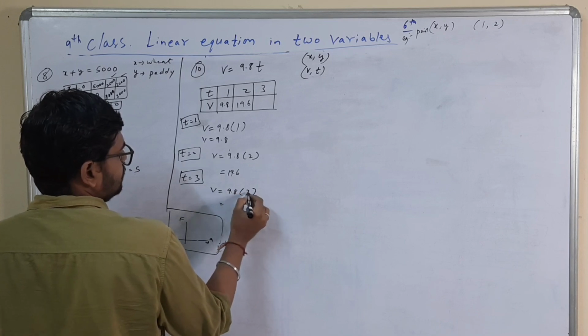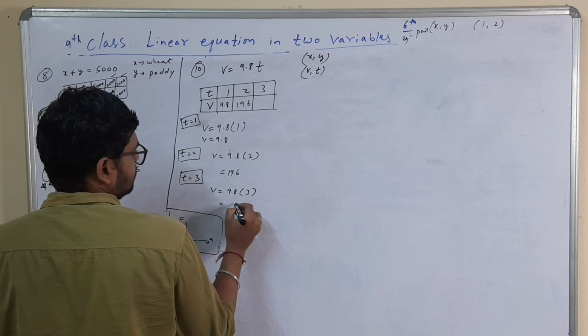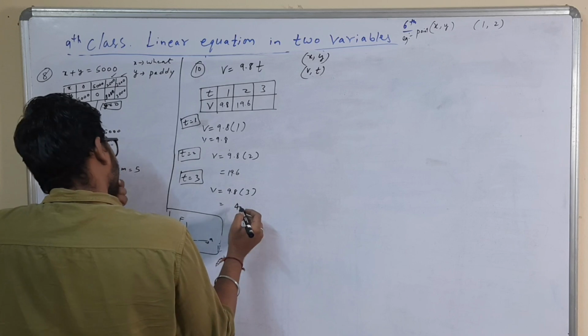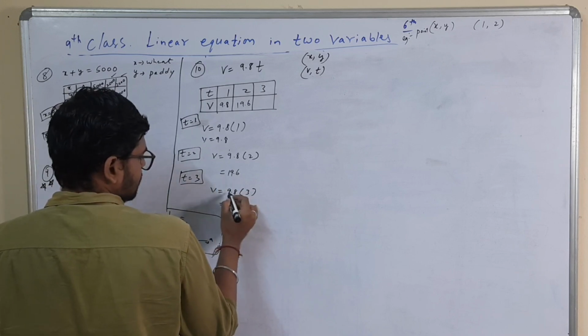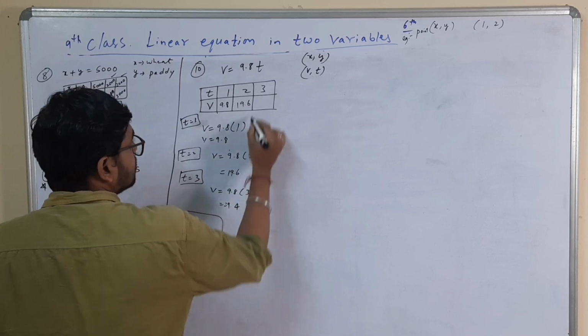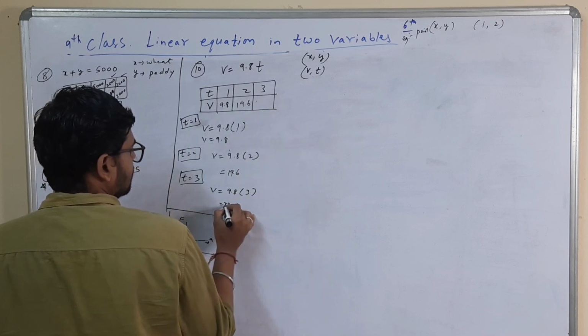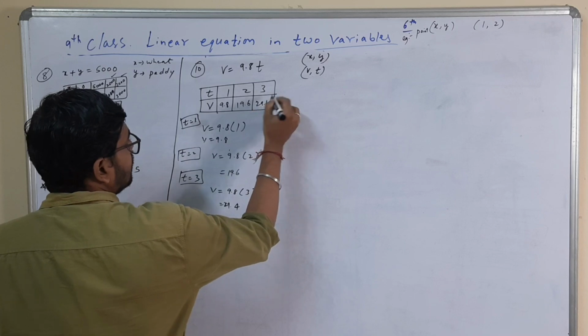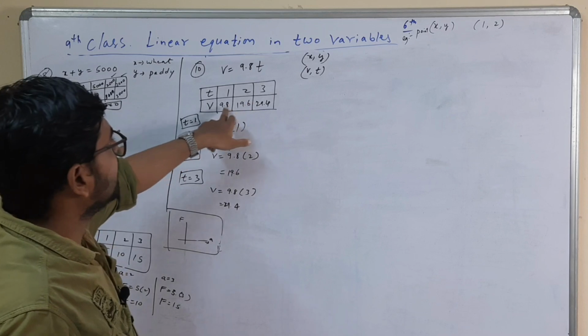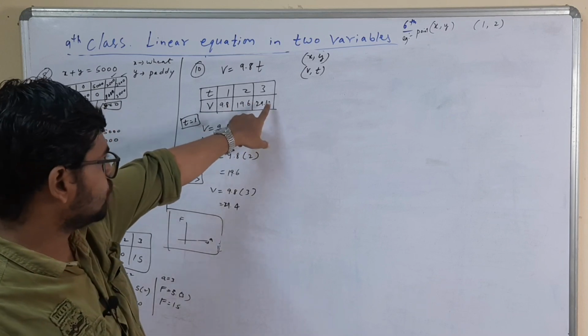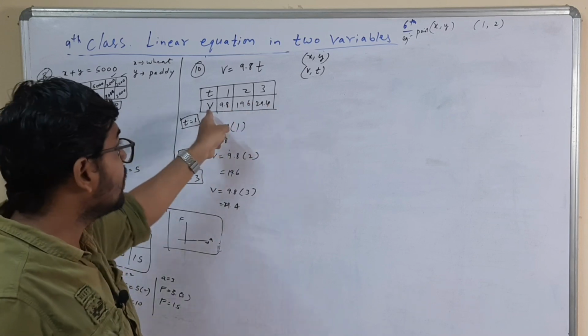Okay, we get an approximate value here. Now see, the t values are 1, 2, 3 and you are getting 9.8, 19.6, so about 20. So approximately up to 30 is the v value.